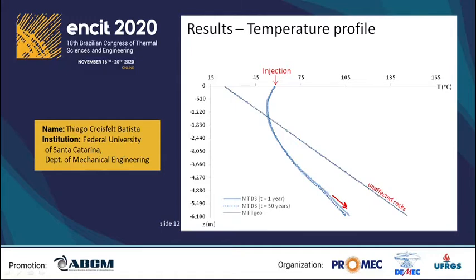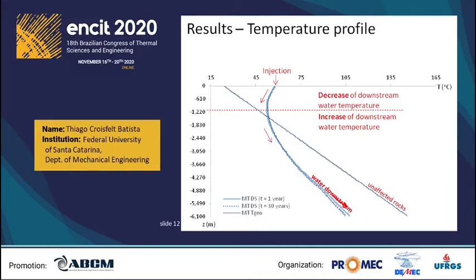Initially, we can see a decrease of the downstream water temperature. It goes like that until some point, and then only from this depth it starts to recover heat from the rocks. This happens because injection temperature is much higher than the soil surface temperature, and so the ambient temperature.